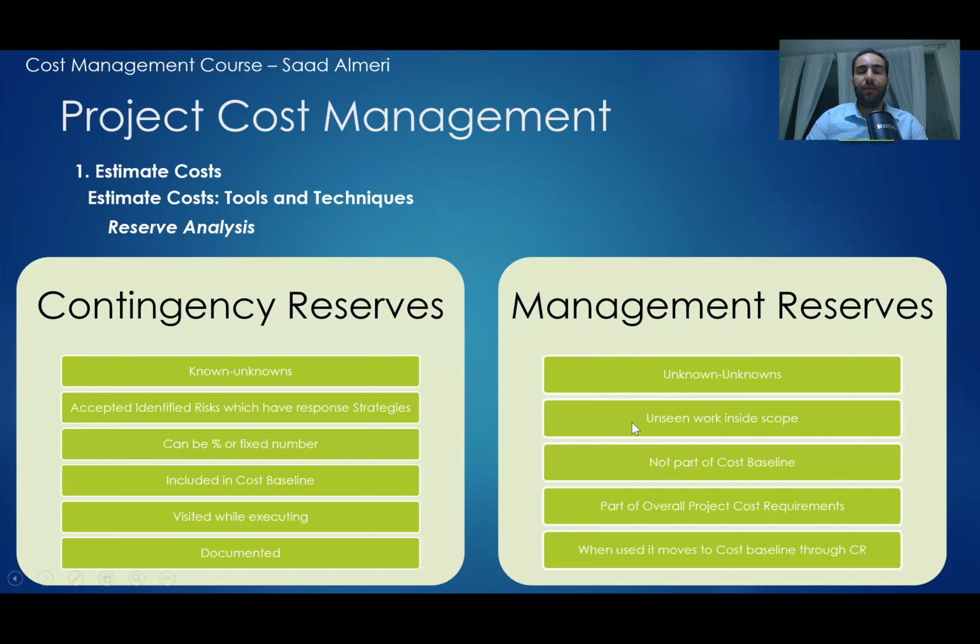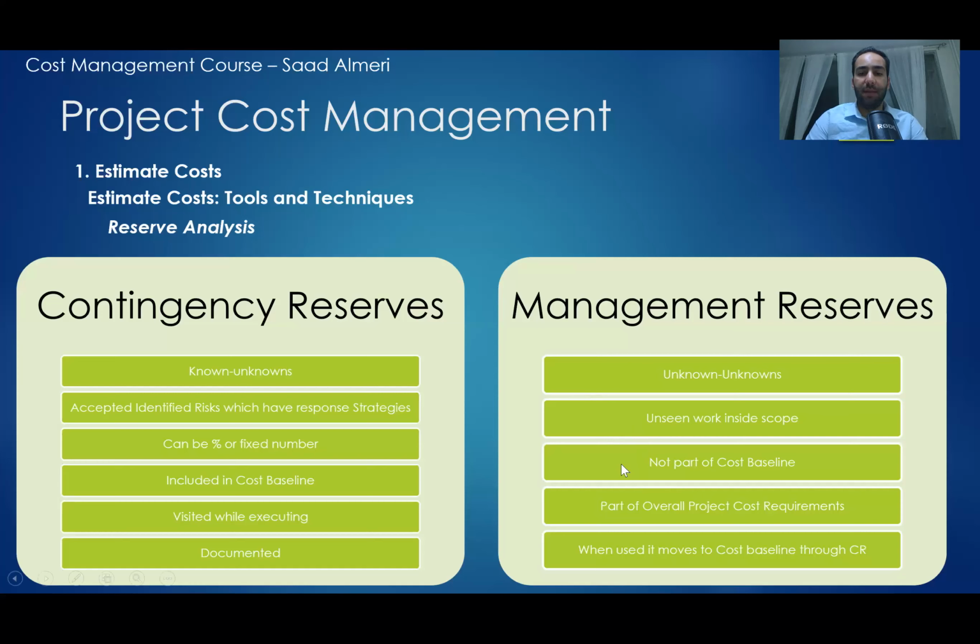So here I need to put aside a small or big amount of money depending on the project or on how well the project is known to us. Is it a new scope, a new technology, or is it a traditional technology that we are doing a lot? Then we can put an amount of money to cover that risk. This reserve is not part of the cost baseline. We said we'll talk about the cost baseline later.